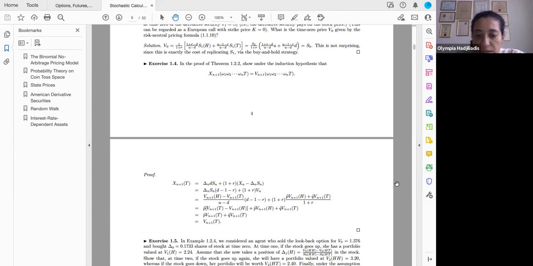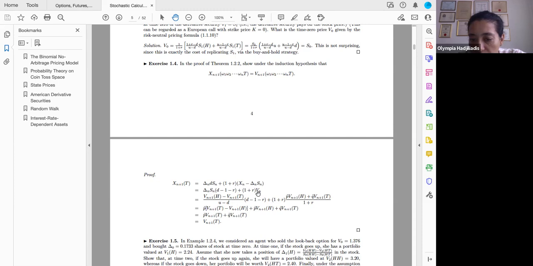And so this makes it equal to (V_{n+1}(H) − V_{n+1}(T)) over (u − d), that's Δn, times S_n. Δn S_n is (V_{n+1}(H) − V_{n+1}(T)) over (u − d), times (d − 1 − r), plus (1 + r).